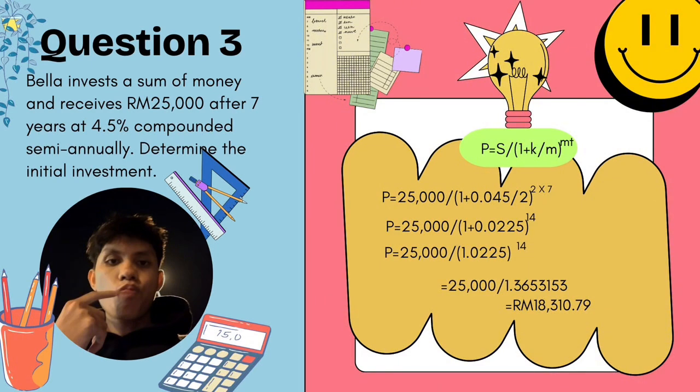We divide 0.045 by 2 compounding periods per year and raise it to the power of 14 total periods. Dividing 25,000 ringgit by this factor gives us 18,310 ringgit and 79 cents. Therefore, Bella's initial investment was 18,310 ringgit and 79 cents.